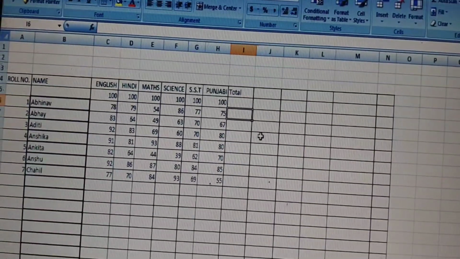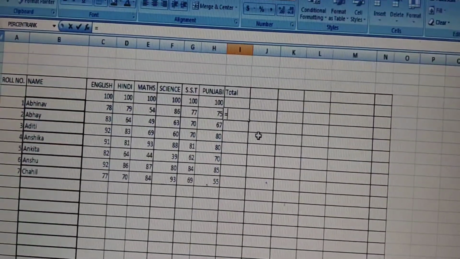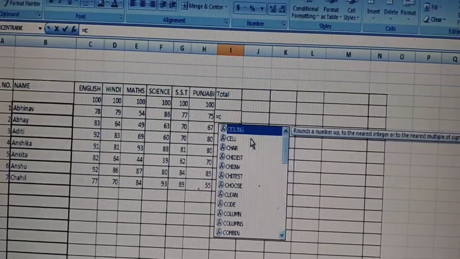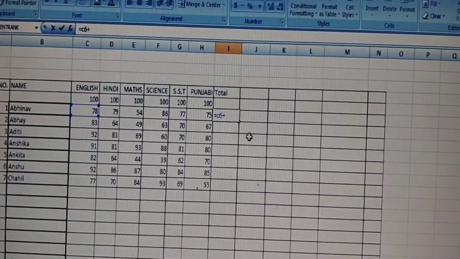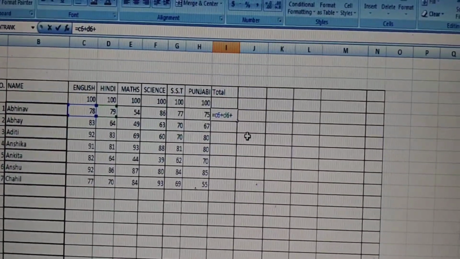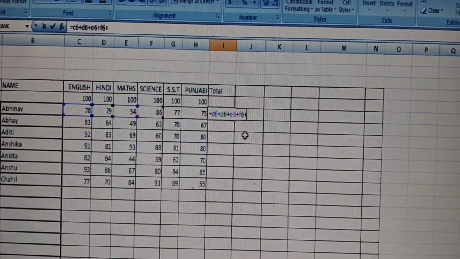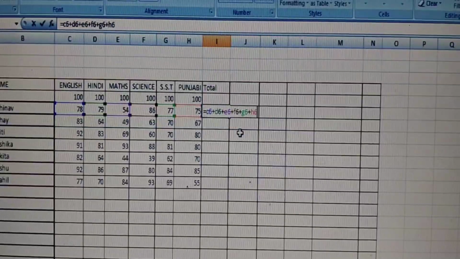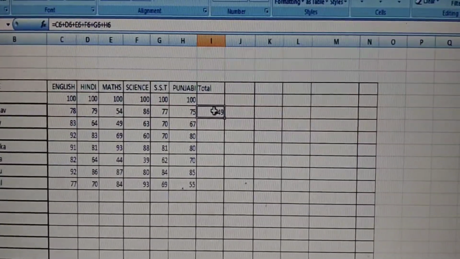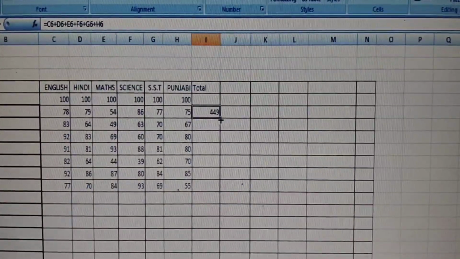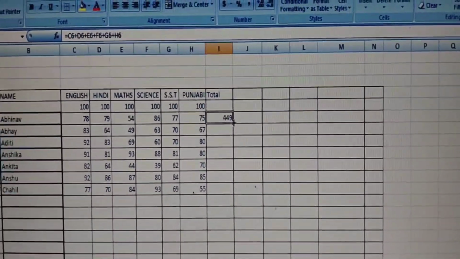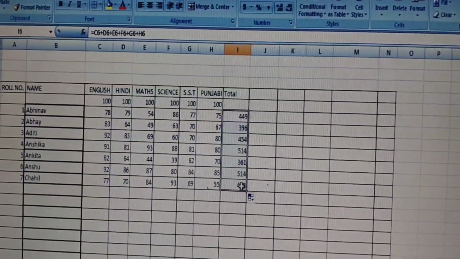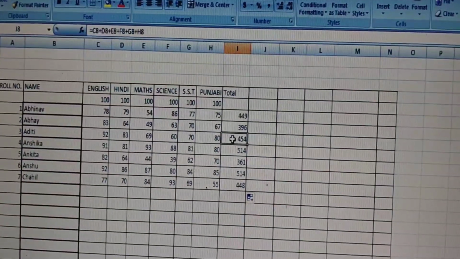Now let's learn with the help of relative cell referencing. Now let's write the same formula. C6 plus D6 plus E6 plus F6 plus G6 plus H6, right? You get the output. Now in relative cell referencing, whenever you right click on the cell and drag, automatically the formula is copied to the rest of the cells.